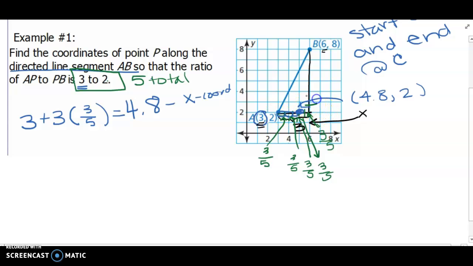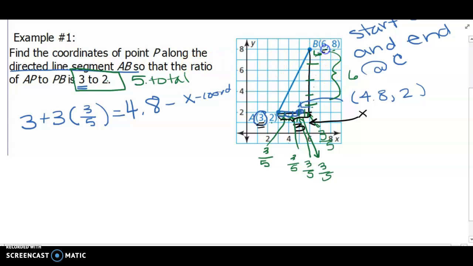So suppose these are 1, 2, 3, 4, 5 equal parts again. This time, from 2 to 8, this is 6 units. So I want to ask myself, how do I cut 6 units into 5 parts? What would each part be?